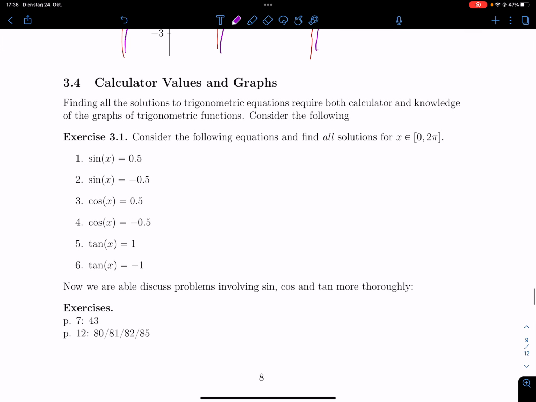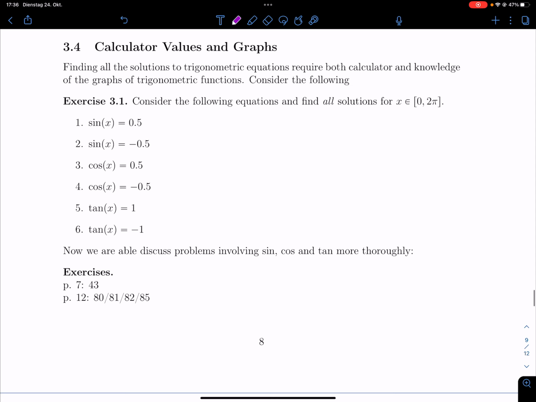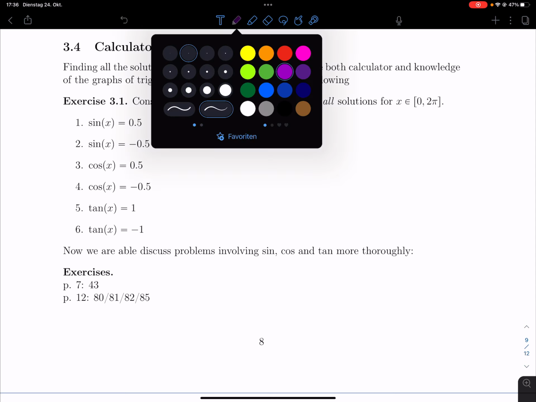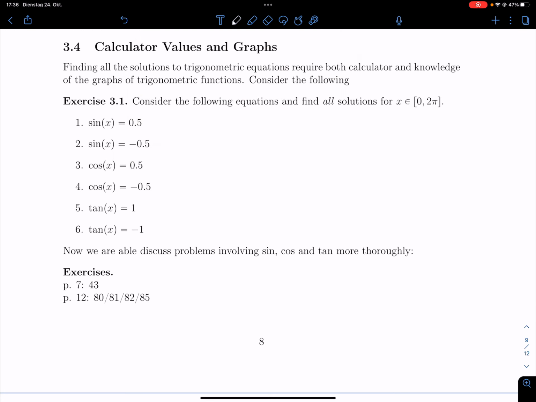All right, we use that in the lessons to find all solutions for x between 0 and 2 pi. So that's usually the classical exercise. And here I'm just going to do one example.